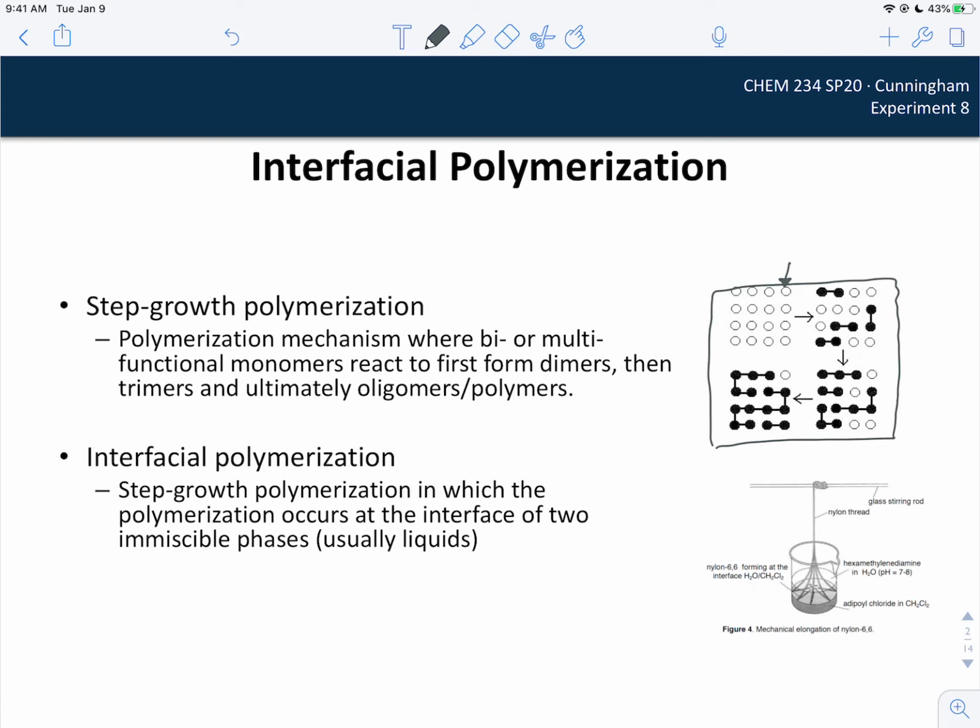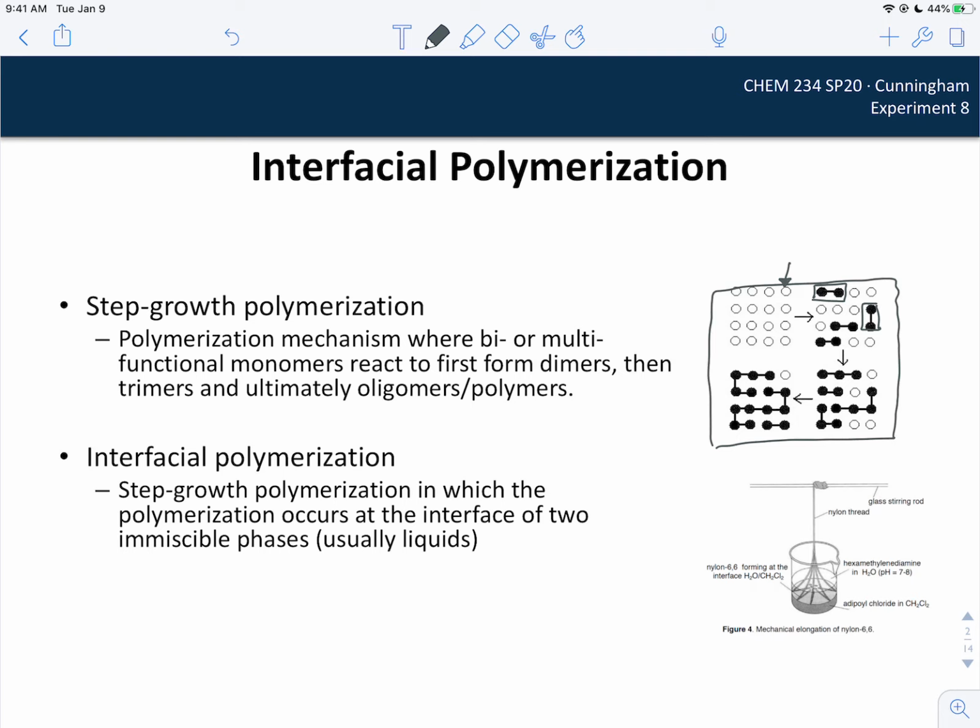In a step growth polymerization reaction, we have a mechanism where we are first forming these bi or multifunctional monomers, and those are forming our dimers. We can see two monomers combined together to form dimers. We've got a few dimers represented over here.